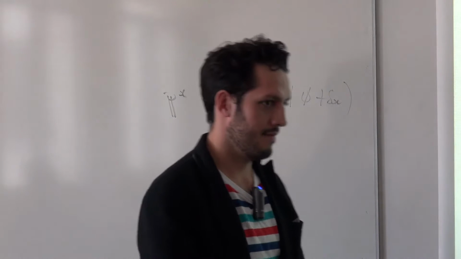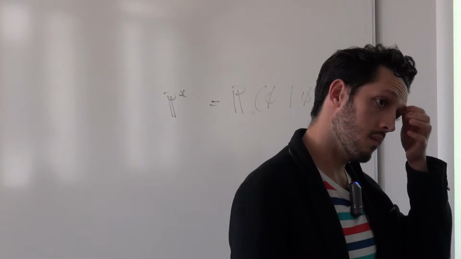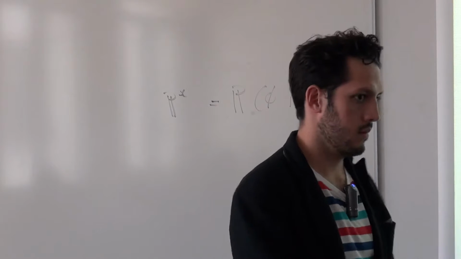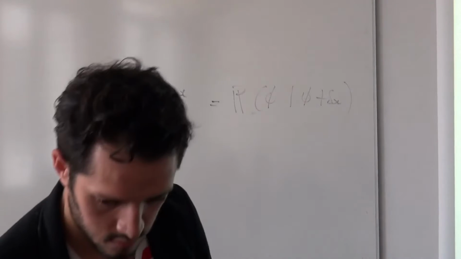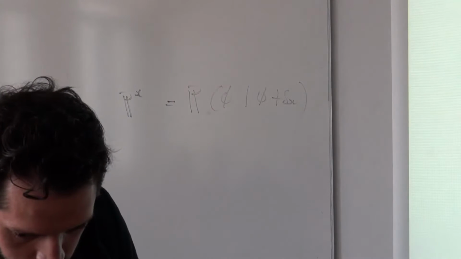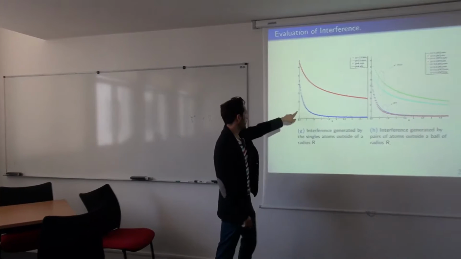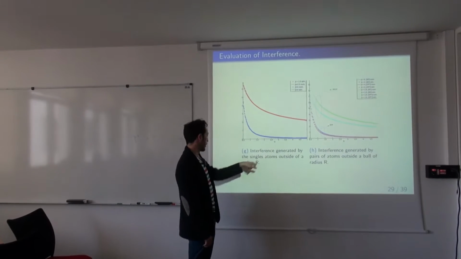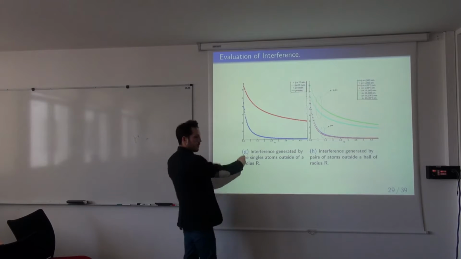Okay, so let's go to another point. Can you show those interference curves? Which ones? There was only one set of results with the red. Yeah, this one. So what is it exactly? This is interference generated outside a ball of radius r.